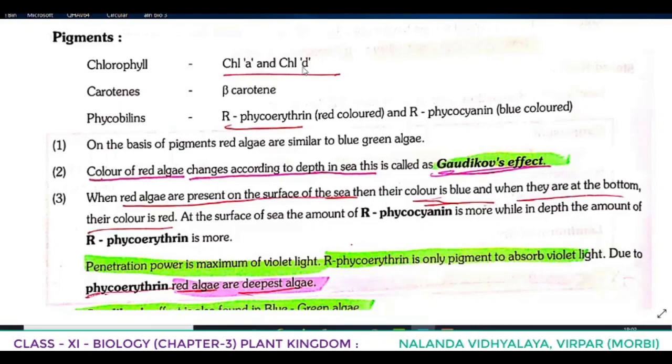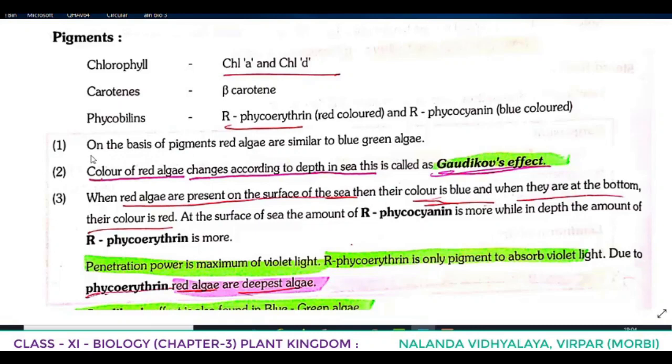And here, chlorophyll found, which one? Chlorophyll a and chlorophyll d. Carotenes, beta carotene. Phycobilins, R-phycoerythrin, red color, and R-phycocyanin, blue color. Cyano, blue. So, here phycocyanin, blue color.